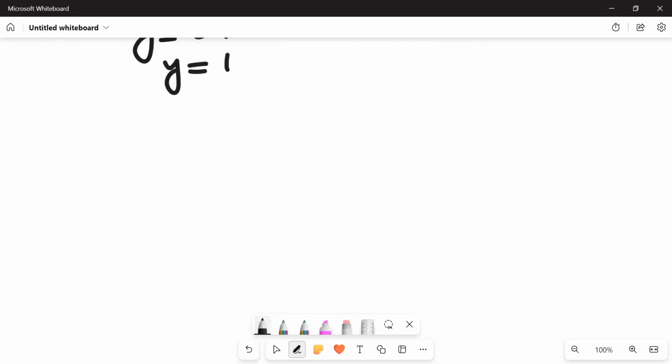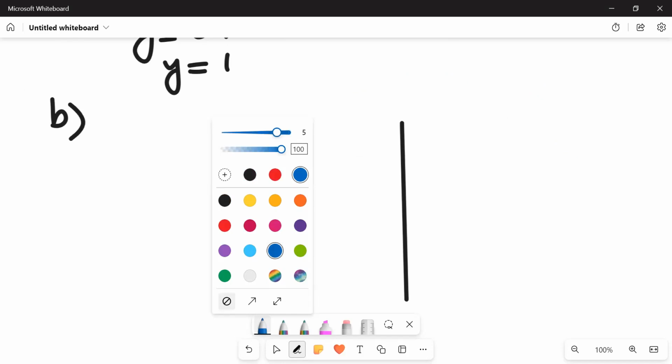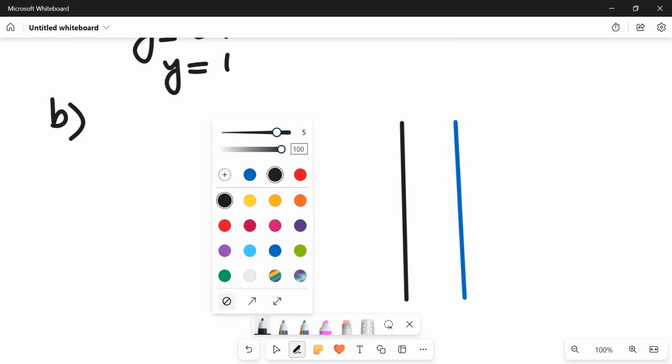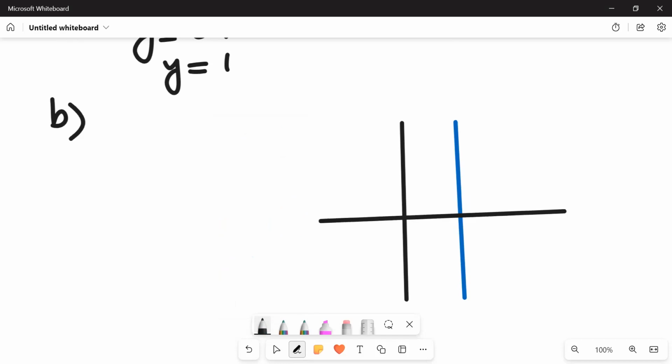Okay, now it's the b part. This line is parallel to the y-axis.